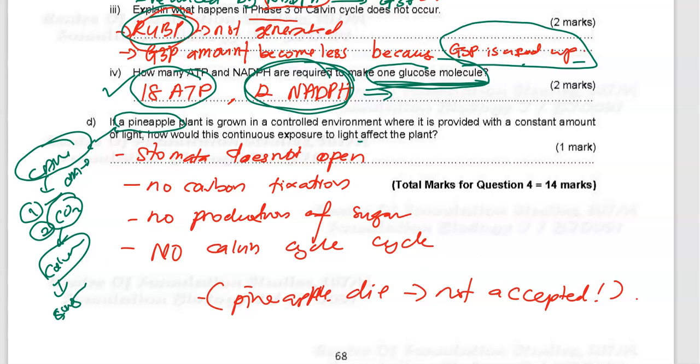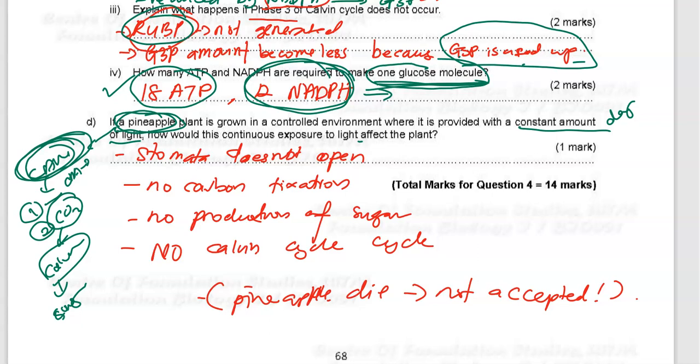So if the pineapple plant, which is a CAM plant, is constantly exposed to light, it means the pineapple plant is continuously in the daylight condition. That means the pineapple is not experiencing nighttime.